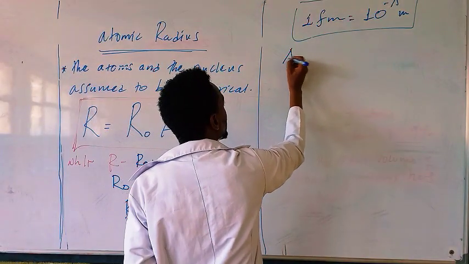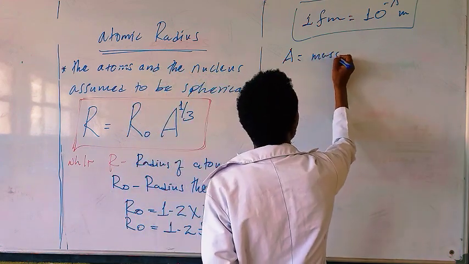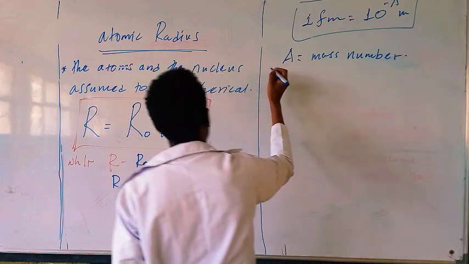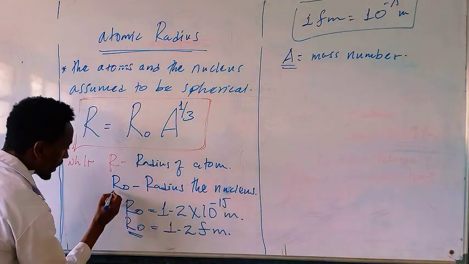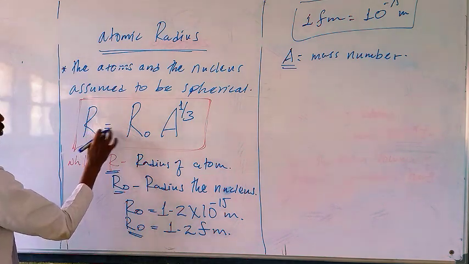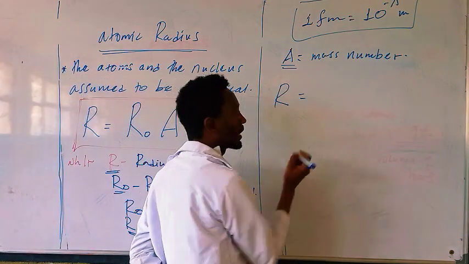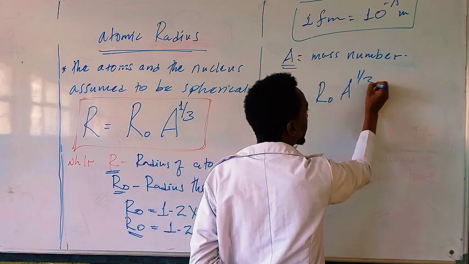Again, A means mass number. So this is defined this way, then substitute. Totally, the radius of an atom is equal to R0 A raised to 1/3.